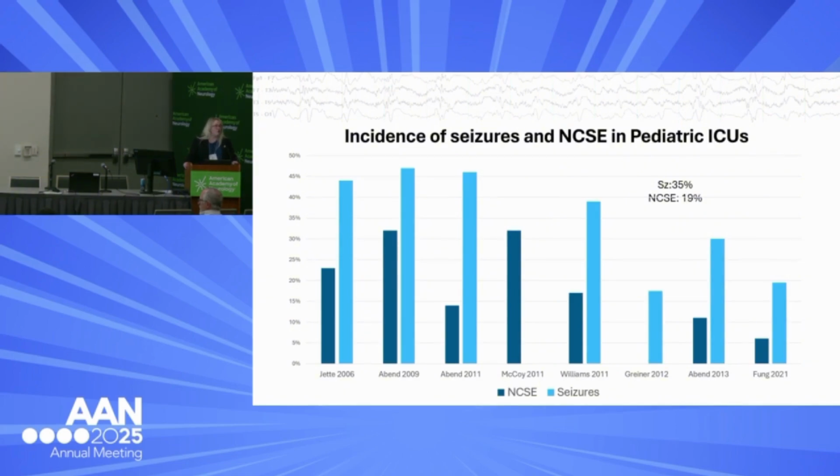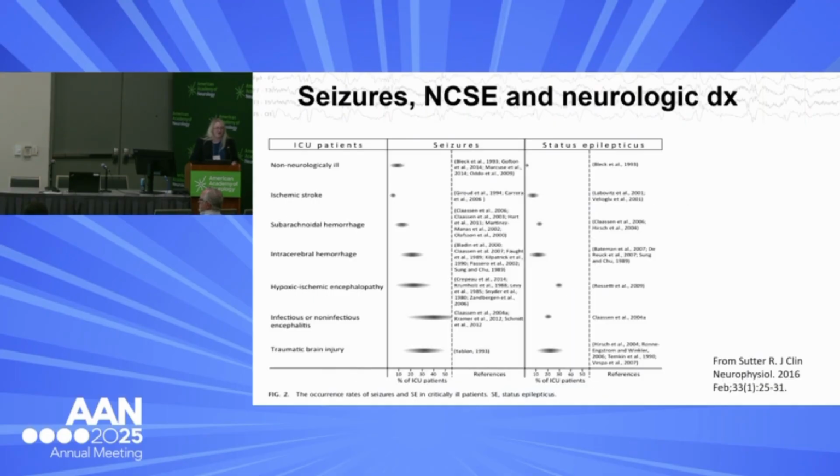If you look across multiple different studies, the overall incidence of seizures in the pediatric patient population is approximately 35%, with the overall incidence of non-convulsive status epilepticus of 19%.